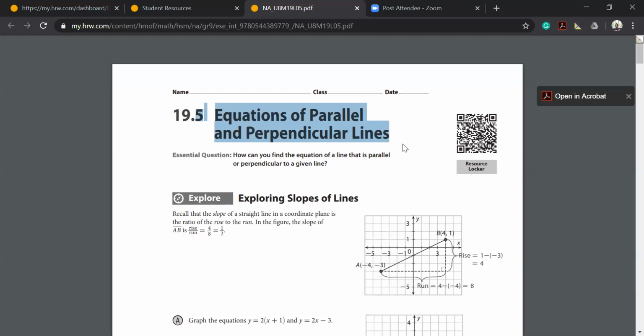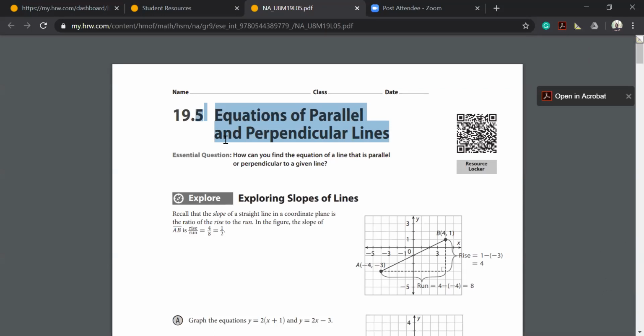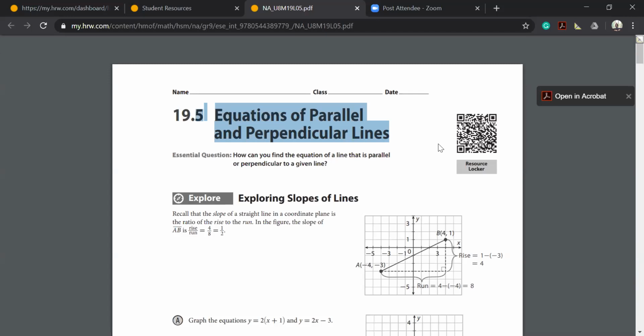Actually, it doesn't involve any geometry. Most of the time, we will be dealing with equations. You remember the equation of a linear line, the slope-intercept form, y equals mx plus b. This is what we are going to be dealing with in here.